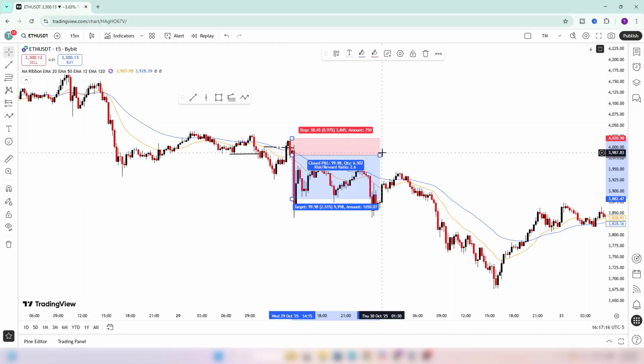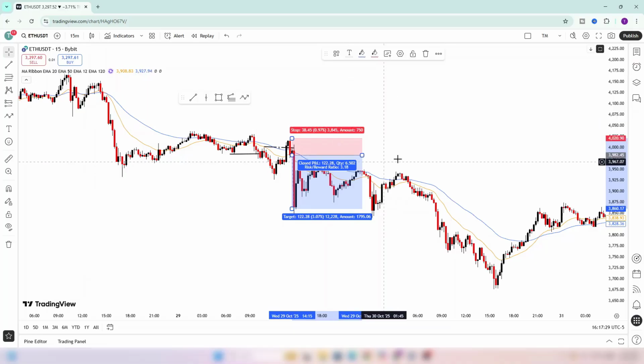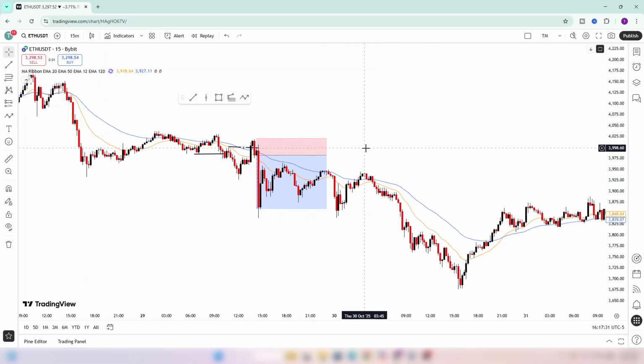So what do you do at this point? You just enter immediately, and you target at least 3R. This is very simple, either target 3R or 1 to 2R. Are you getting what I'm saying?